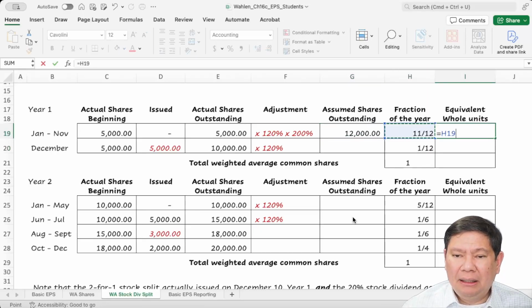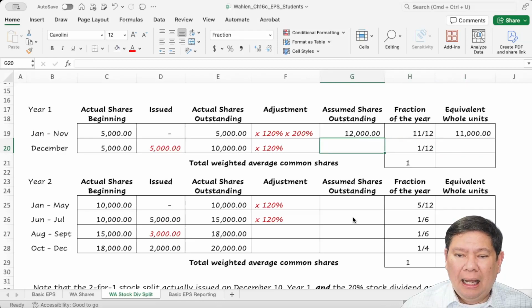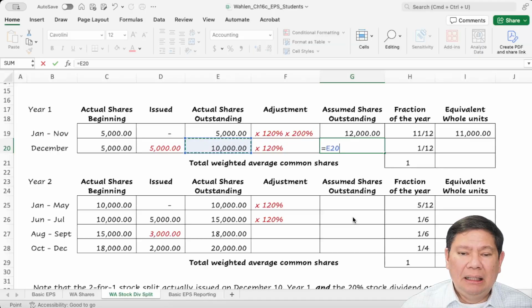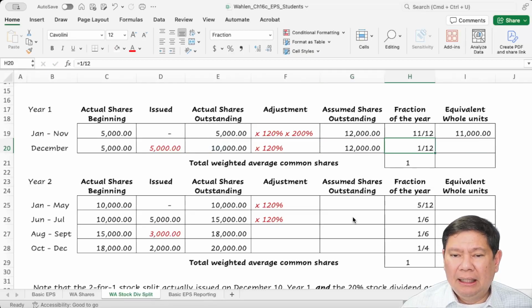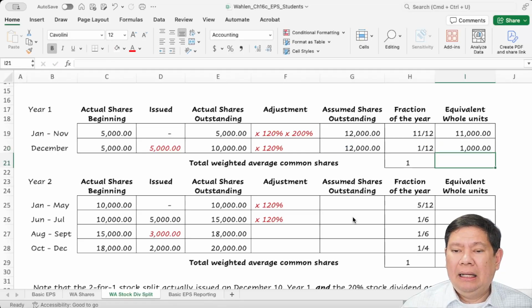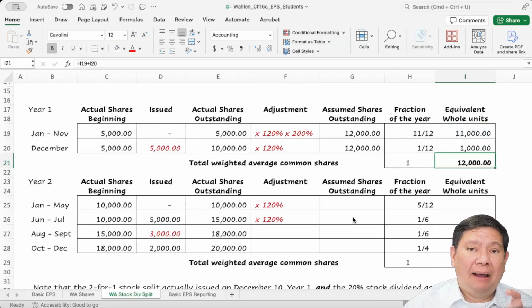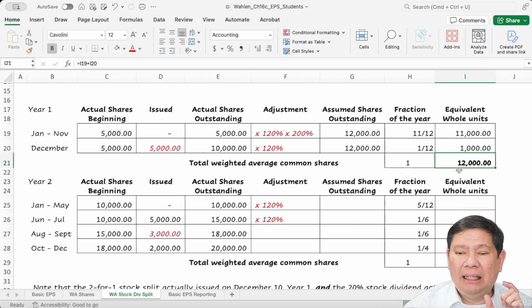For 11 months, the weighted amount is 11,000 shares equivalent. And for December year 1, it is 10,000 times 1.2, which is also 12,000. The weighted amount is 1,000 shares. When we add those two, the weighted average common shares for year 1 is 12,000 shares.